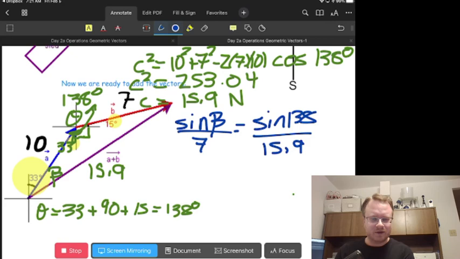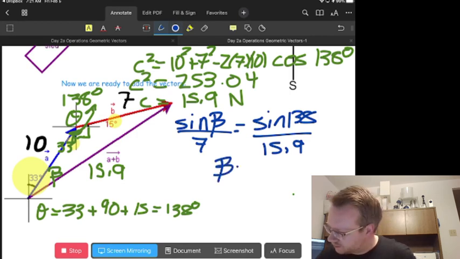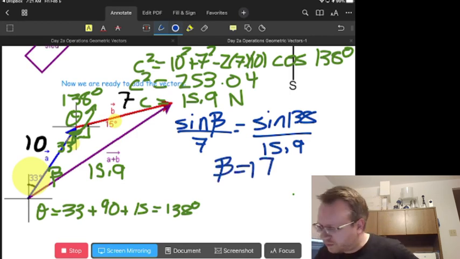Hoping to get an Apple Pencil to make this a little easier to write on, but for today we'll do the best we can. So rearranging, sine beta is going to be 7 times sine 138 divided by 15.9, and we find sine inverse of that value, and we get 17.2. Sorry, 17.1.